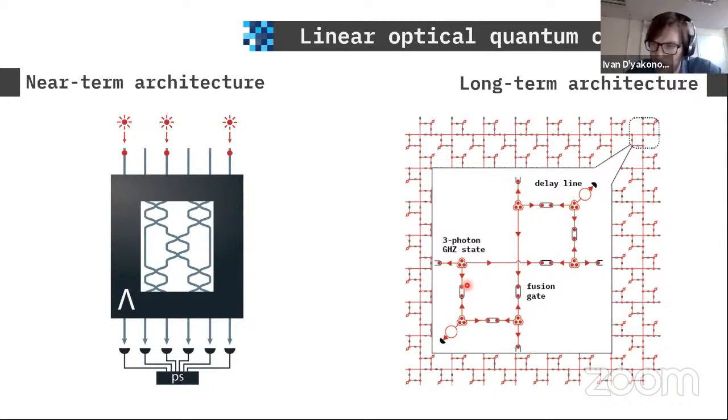There is a paper by Terry Rudolph from about 4 years ago. He estimated this number to be around 15 beam splitting elements and something like 6 phase shifters.